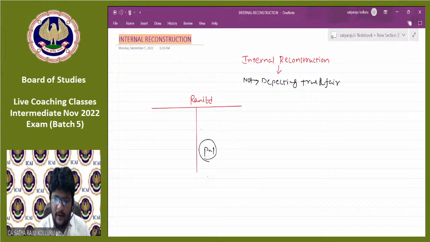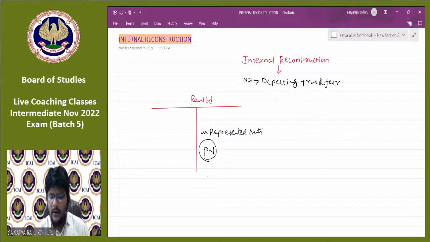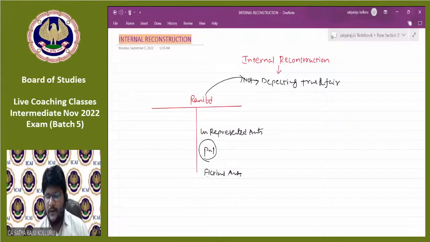Apart from that, certain unrepresented assets, or you can call them intangible assets, will be there. Then certain fictitious assets are also available. Due to this, the existing financial statements of Rani Limited do not depict a true and fair picture, so Rani Limited decided to go for internal reconstruction.